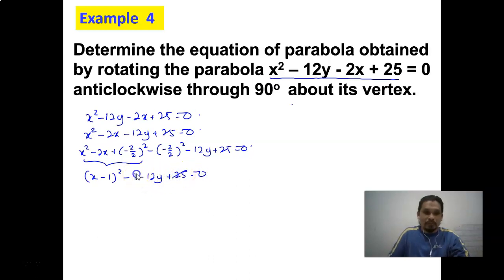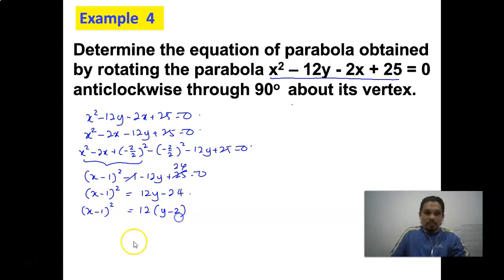So 25 minus 1 equals 24. Then x minus 1 squared, bringing 24 to the other side, becomes negative 24, and negative 12y becomes positive 12y. So 12y minus 24. Then x minus 1 squared equals 12 times y minus 2.